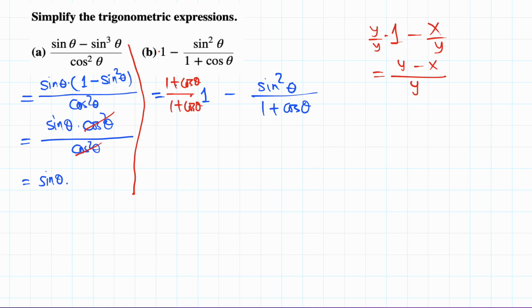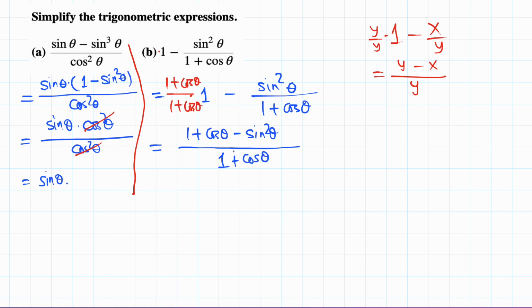Whenever we have two terms with a plus, we might want to put parentheses around, not really needed. Now we got the same common denominator of 1 plus cosine theta. On the top I got 1 plus cosine theta minus sine square theta. We're supposed to simplify.